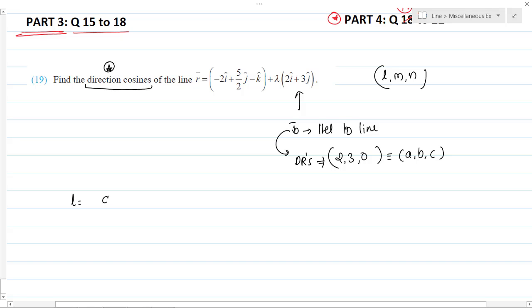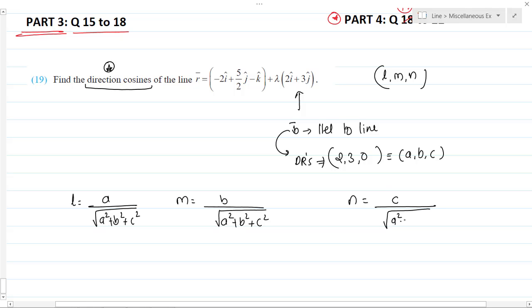l is equal to a by root of a square plus b square plus c square, m is equal to b upon root of a square plus b square plus c square, and n is equal to c upon root of a square plus b square plus c square. So this is the value of l, m, n.